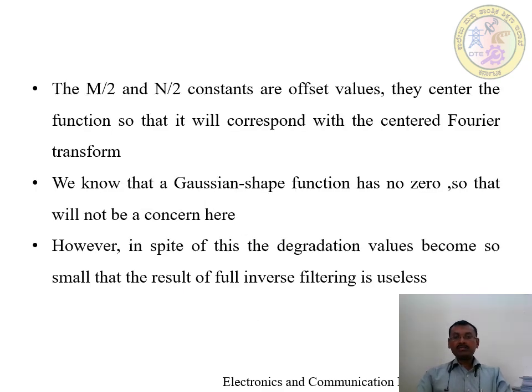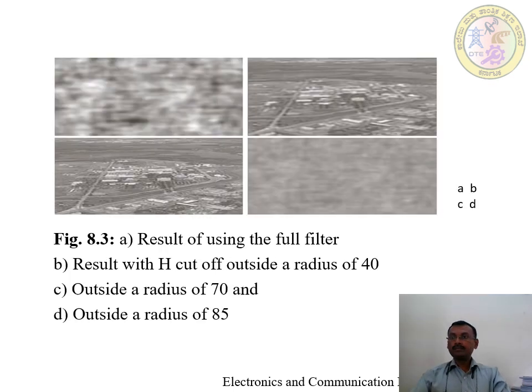The M/2 and N/2 constants are offset values. They center the function so that it corresponds with the centered Fourier transform. We know that a Gaussian shape function has no 0, so that will not be a concern here. However, in spite of this, the degradation values become so small that the result of full inverse filtering is useless.